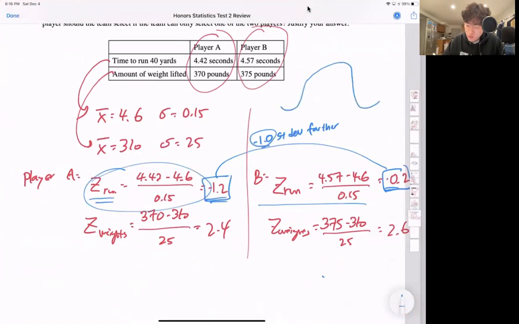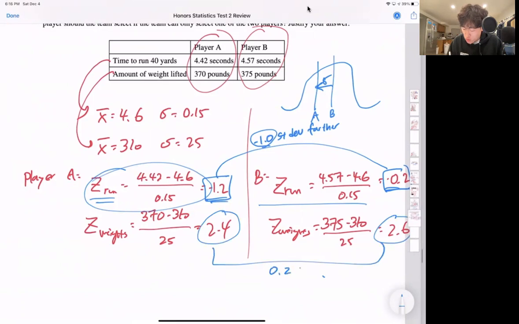What that means is, if this is where player B was, this is where player A is, moving one full standard deviation to the left, which gives you a much faster running time. Now, if you compare the z-scores of the weights, there's only about 0.2 difference.